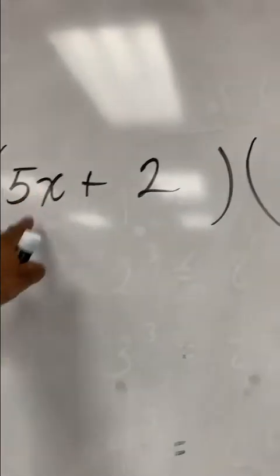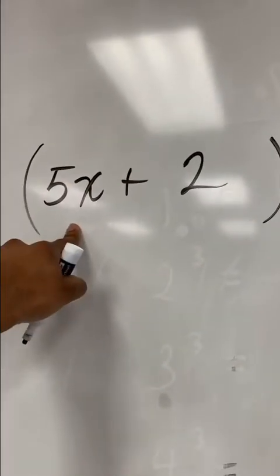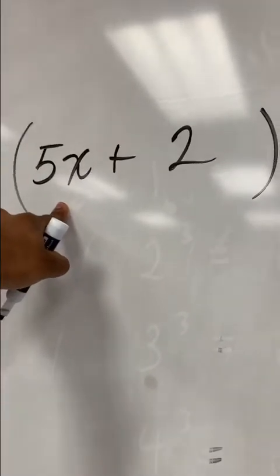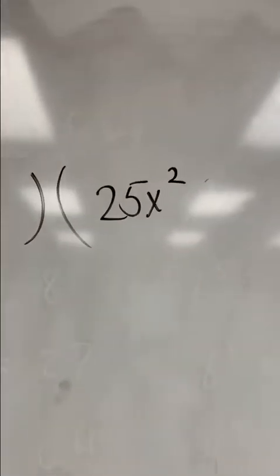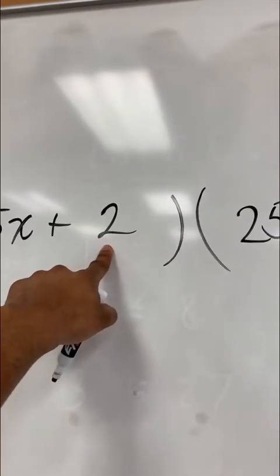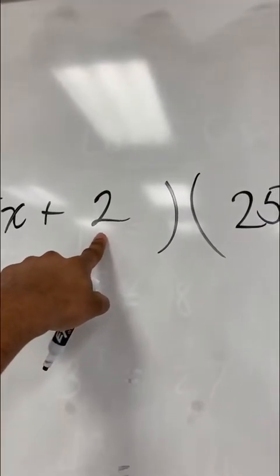So 5x times 5x. Remember, 5x times itself, that's the second power. That's 25x to the second power, and that's what goes there. 2 to the second power is a 4, so now I've got a 4 there.